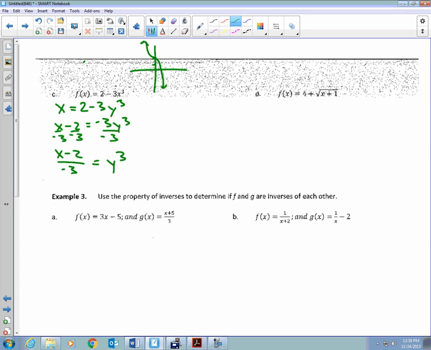And then what should we do to both sides? Can I take a cube root of a negative? Yep, I can. I guess now we have an irrational denominator. Let's just not worry about that right now, okay? I'm not really excited about that. So let's go y is equal to the cube root of x minus 2 over negative 3.